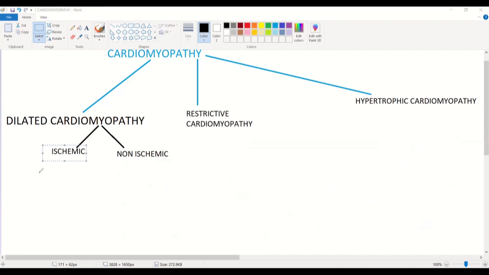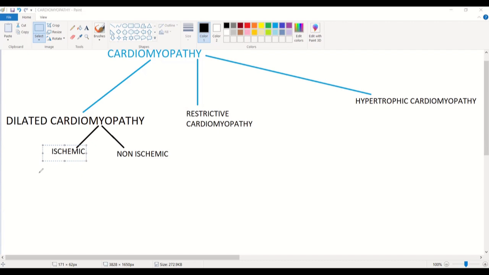How will you treat peripartum cardiomyopathy? Avoid pregnancy in future.